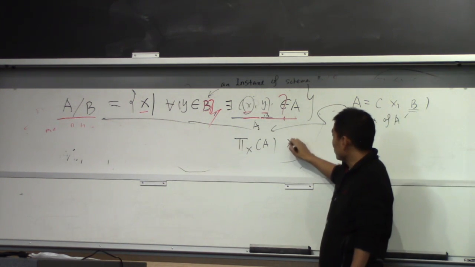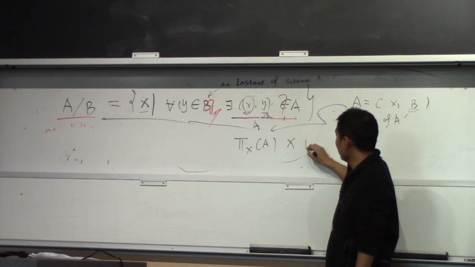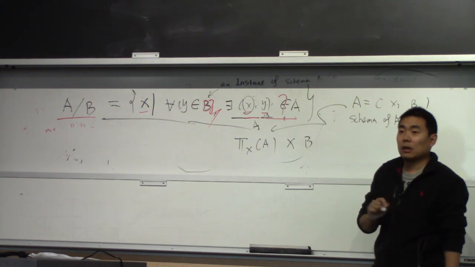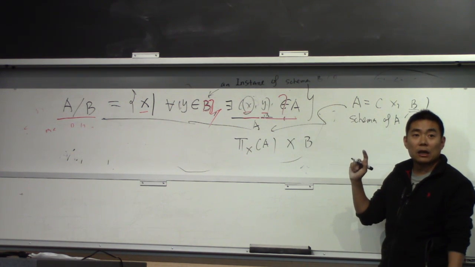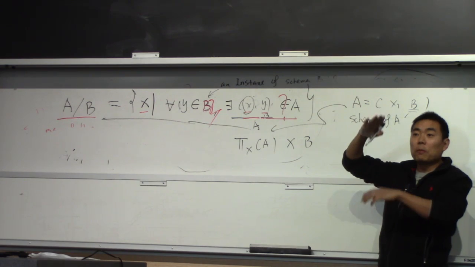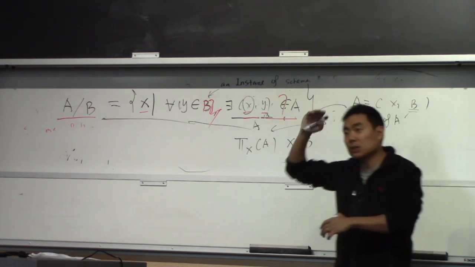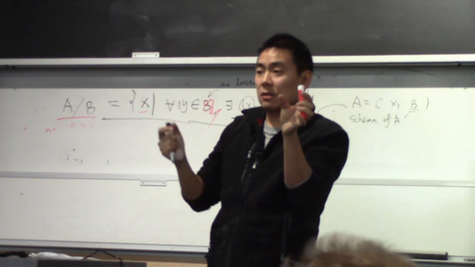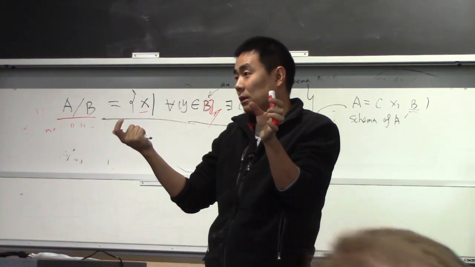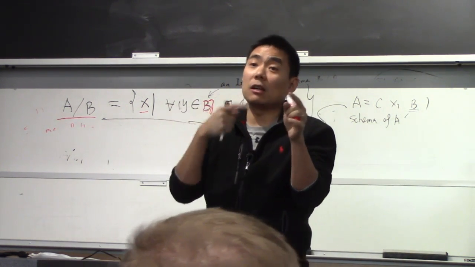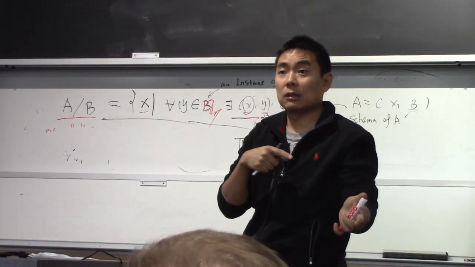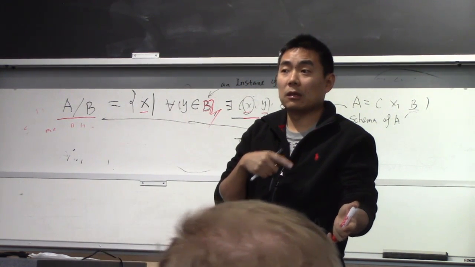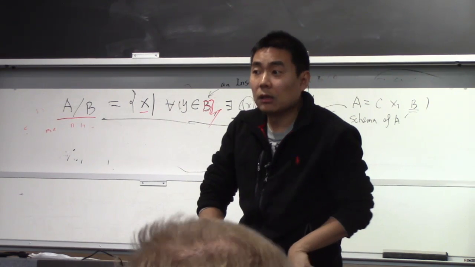And then I cross that with everything from B. What does this give me? It gives me all the possible pairs, all the possible matchings of all such X and every Y. But not all of them are going to appear in my A. Does that make sense? Yes or no?